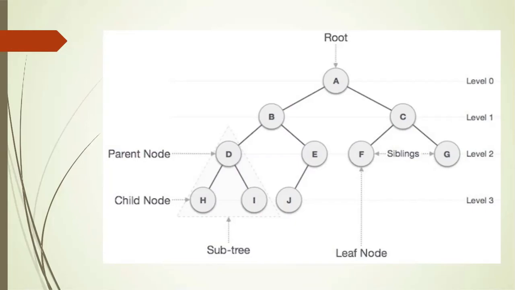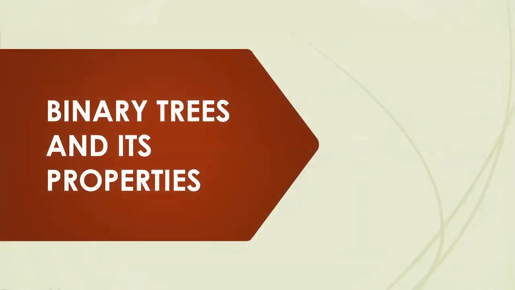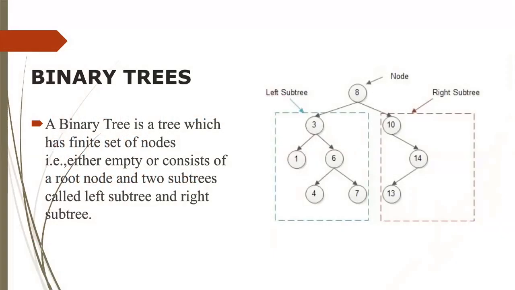Next, let's discuss binary trees and their properties. What are binary trees? A binary tree is a tree which has a finite set of nodes that is either empty or consists of a root node and two subtrees called the left subtree and the right subtree. It can be partitioned into 3 subgroups, namely the root node, the left subtree, and the right subtree.